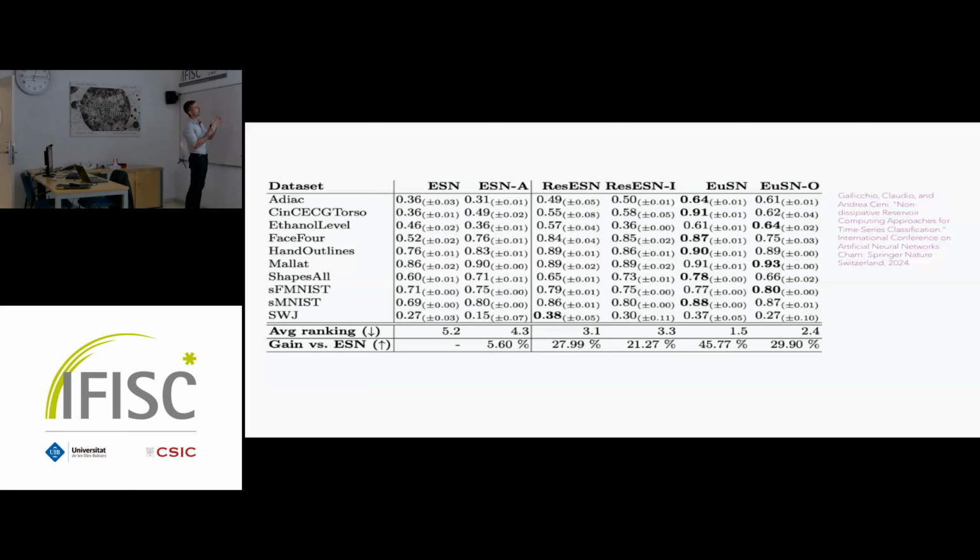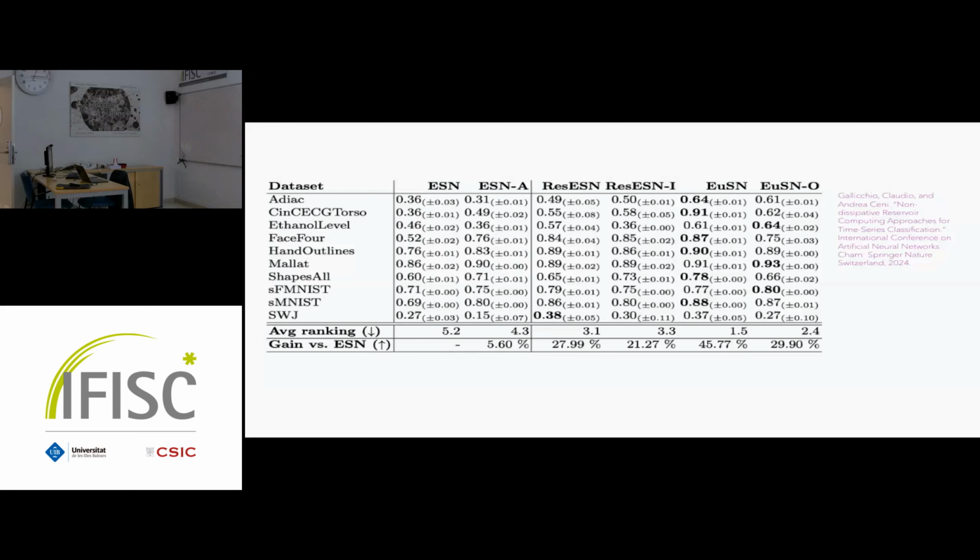Some of them are short, others are quite long, like the sequential MNIST or the sequential F-MNIST. Sequential meaning that you have the image, and you consider a pixel-by-pixel version of that image. So it gives a very long one-dimensional time series. At the end of the time series, you want to classify based on what was in the image. So kind of complicated for a sequential model. You have to remember more or less every part of your input time series.